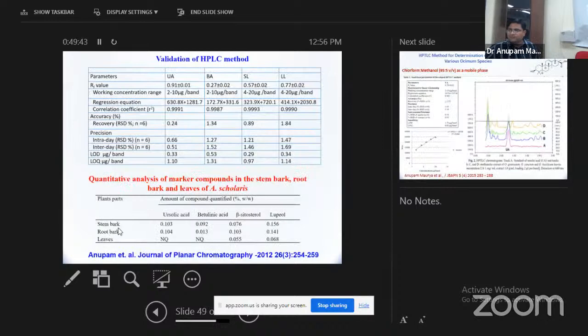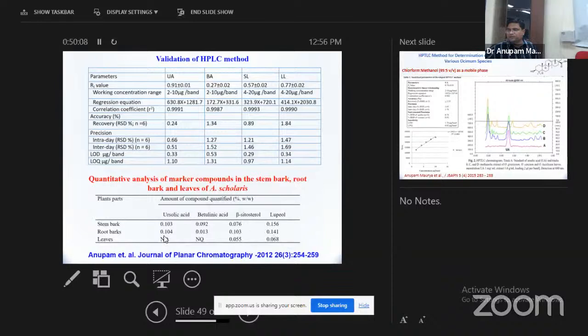You can see in stem bark, ursolic acid 0.133%, betulinic acid 0.0992%, and beta sitosterol 0.0776%. In root bark you can see around 0.01% betulinic acid, and around 0.1% beta sitosterol and 0.1% lupeol.